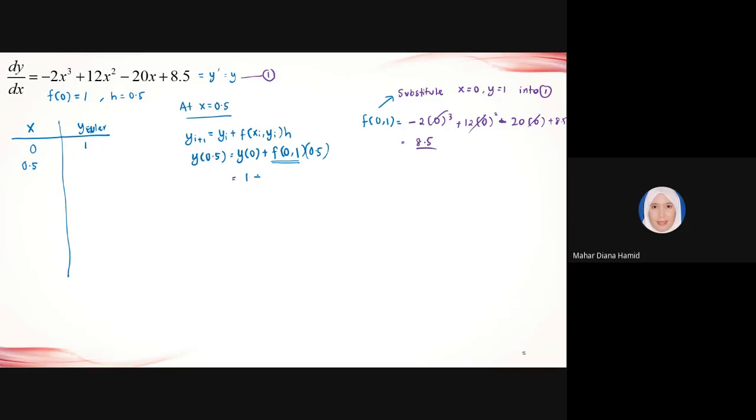We add 1, this is the value here, plus the function at x equals 0, y equals 1, which we already solved here: 8.5 times 0.5. So we will get around 5.25000. So this is 6 significant digits. So this is for x equals 0.5.